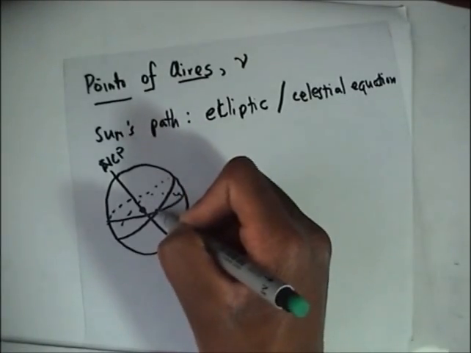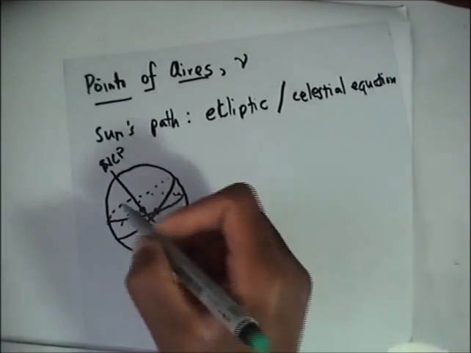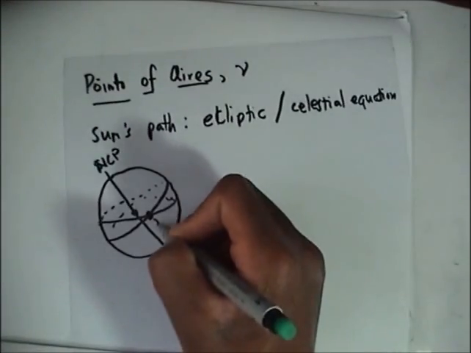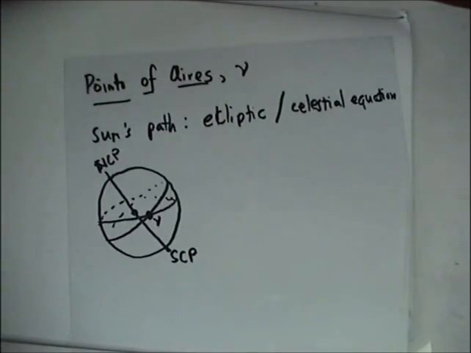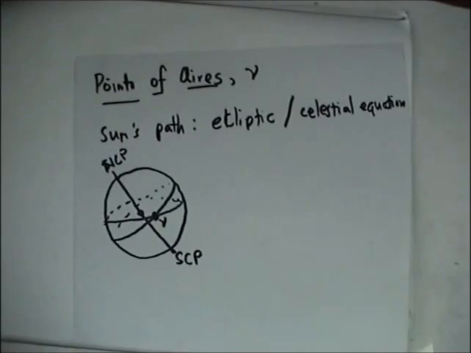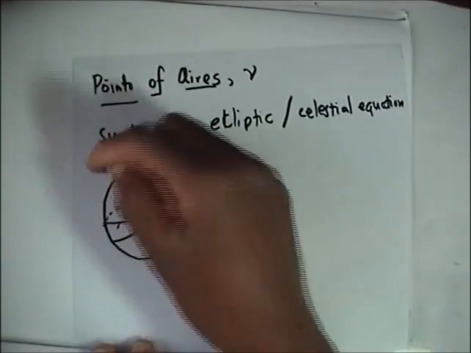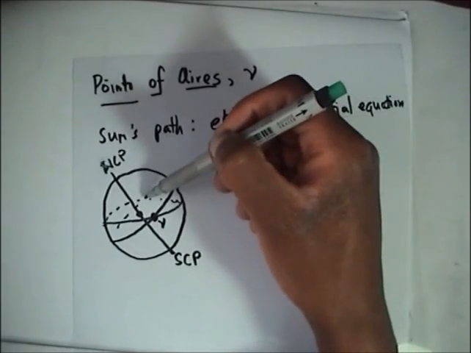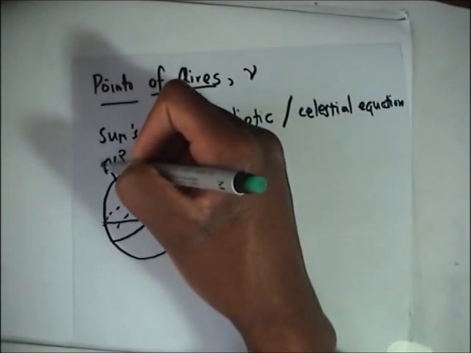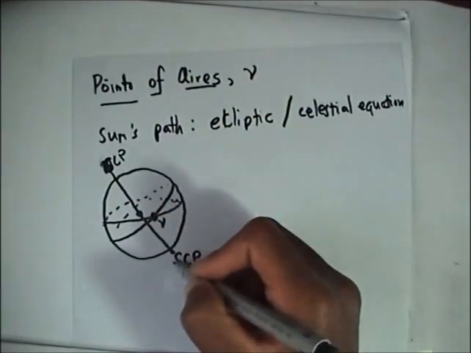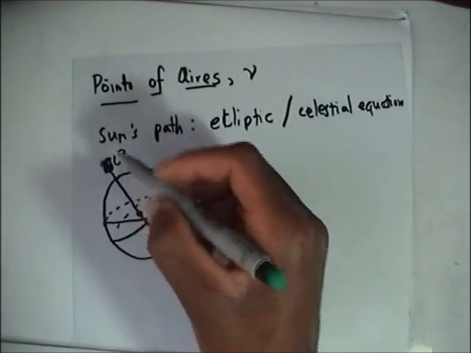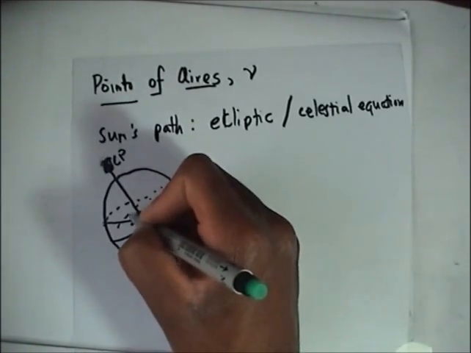And where they meet, when the sun is crossing from south to north, we are going to call it what? Actually, I should have put the south celestial pole here, because V would have, with this orientation, been the one at the back. But I'm going to put south celestial pole here and the north celestial pole here, because I want my sun, as it is moving from the south celestial pole, to move like this.